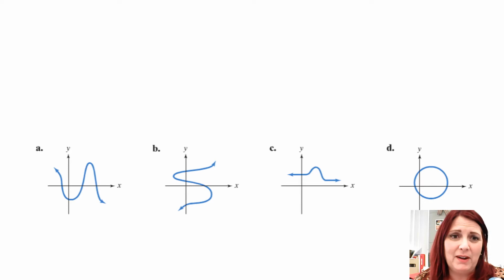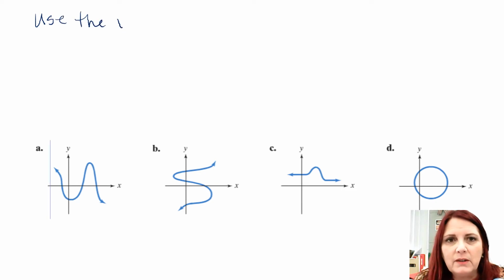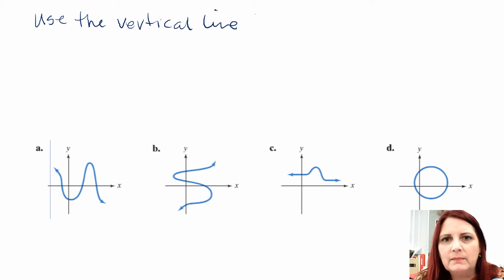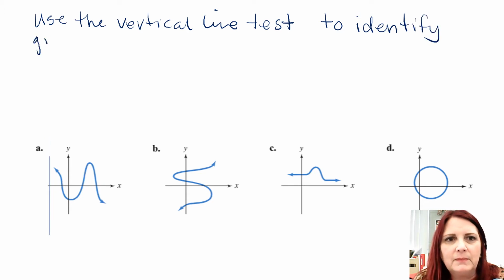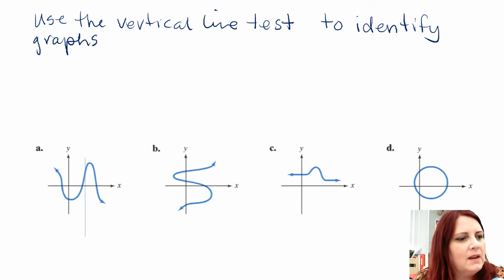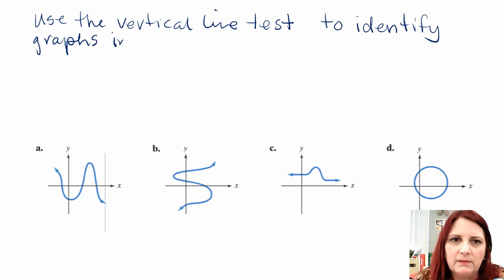So if you have a graph and you want to know whether or not it is a graph of a function, we're going to use this thing called the vertical line test. Use the vertical line test to identify graphs in which y is a function of x.